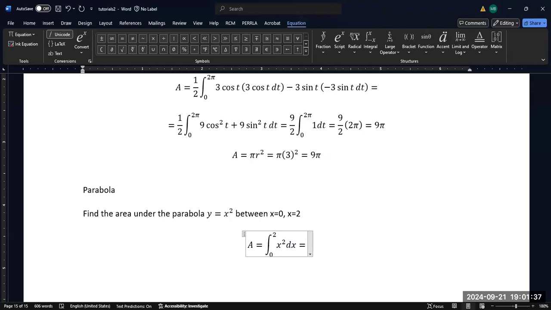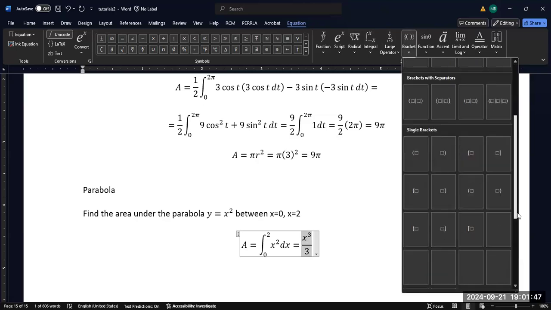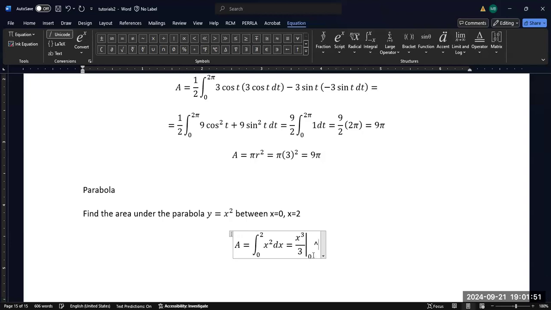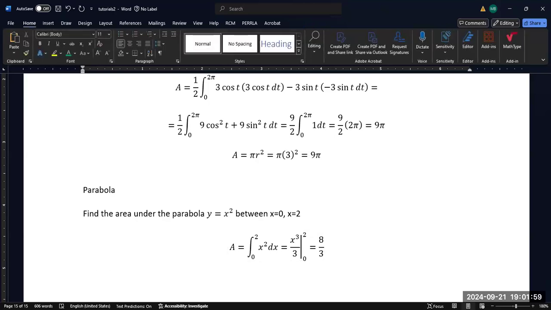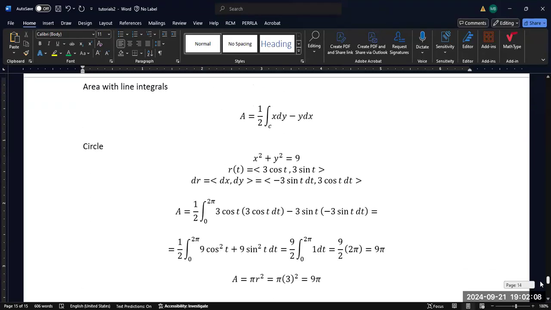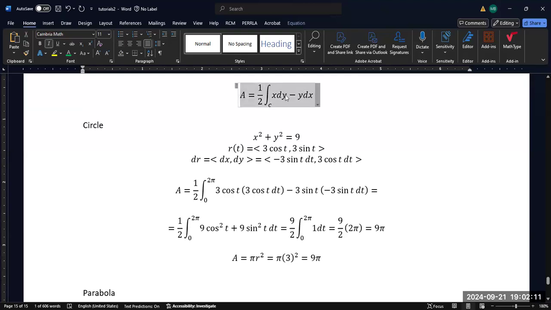We would get x cubed over 3, and then we would evaluate that from 0 to 2, and so we would get 8 over 3. Okay, so now we have our basis for comparison. So now, in order to use the area formula we noted above, we would need to parameterize our path.